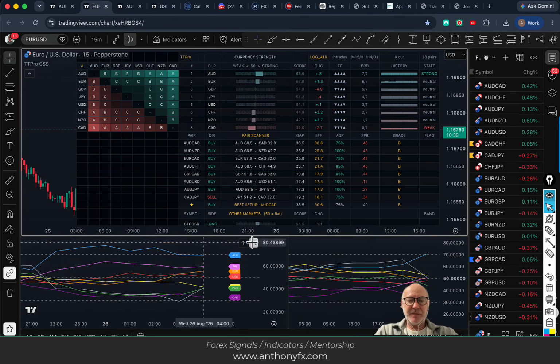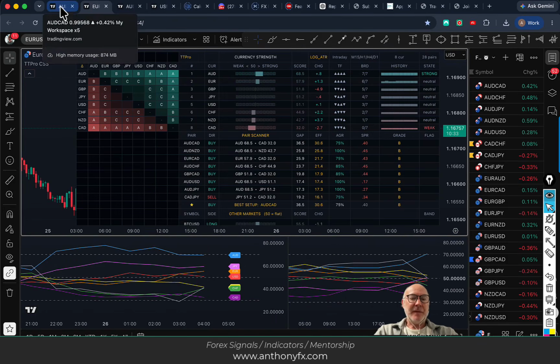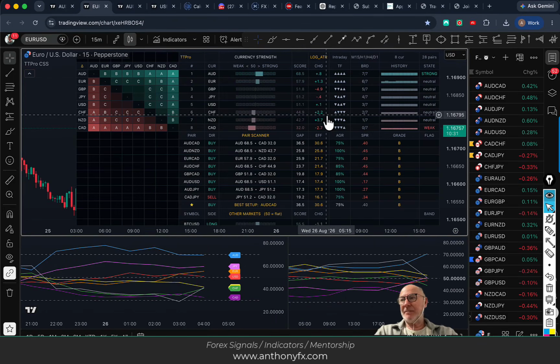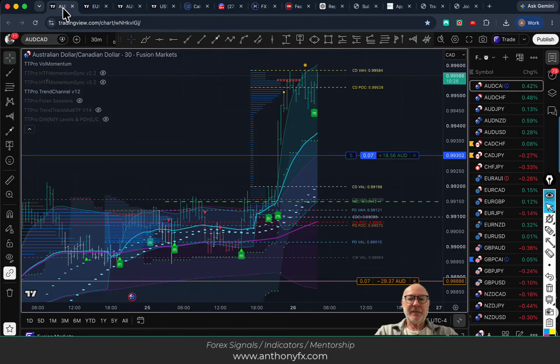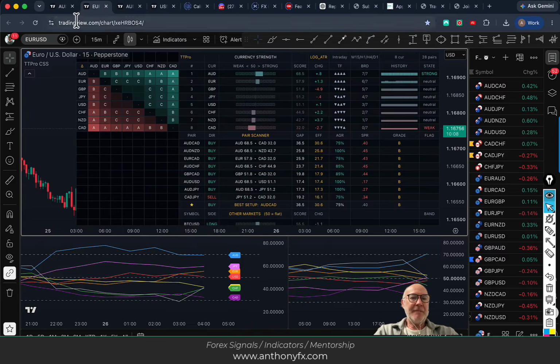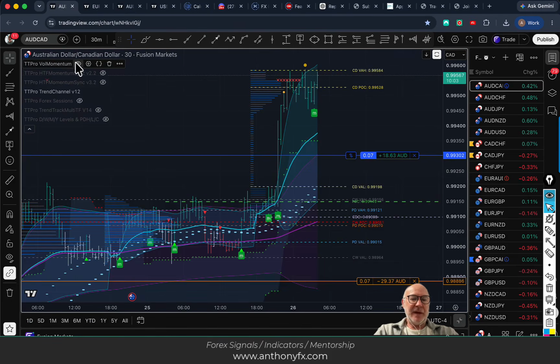I use this as my initial reference, and the best time to use this is after the first half an hour into the session. Anyway, so this morning it was the Aussie CAD, and this is our flagship indicator. We couple this with the volume, momentum, and VWAP, and this is so powerful.